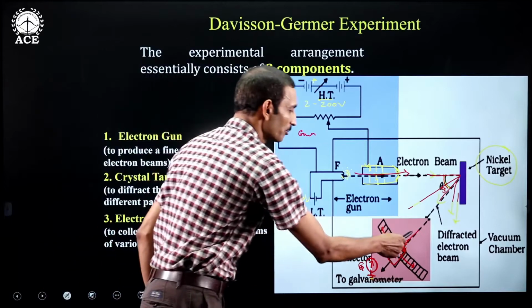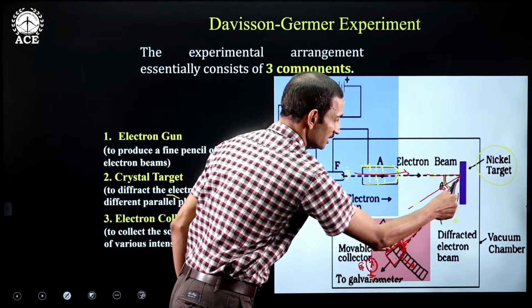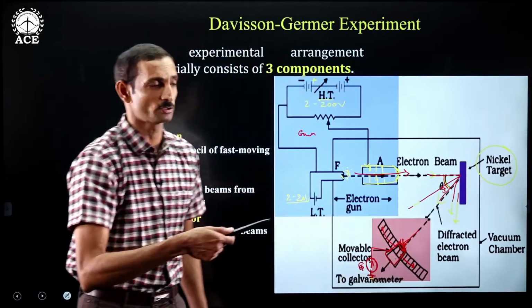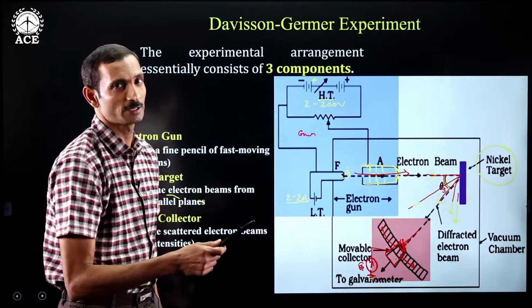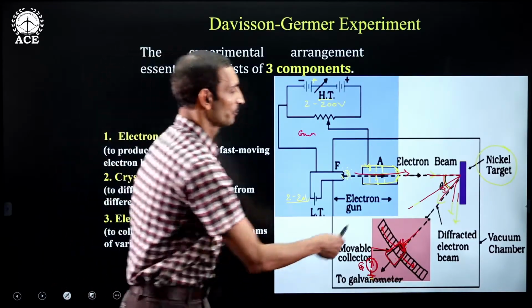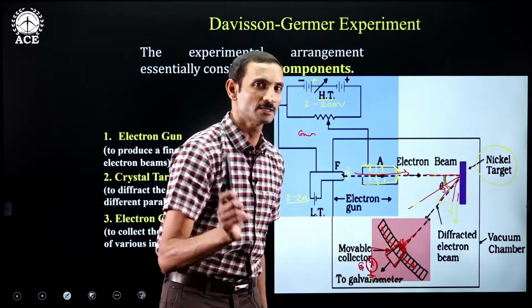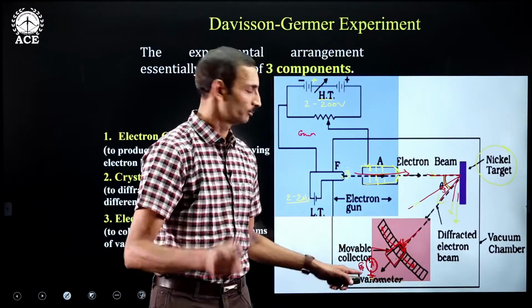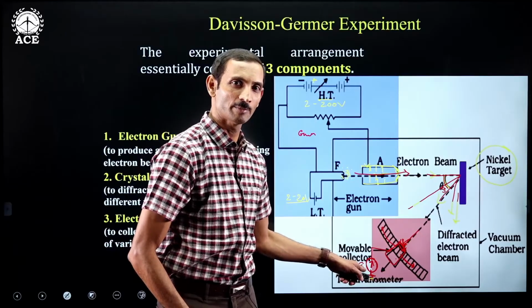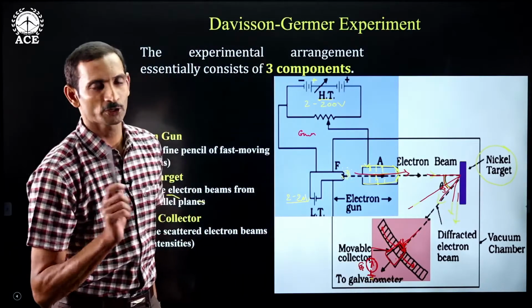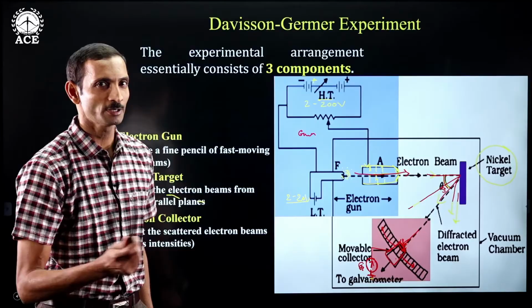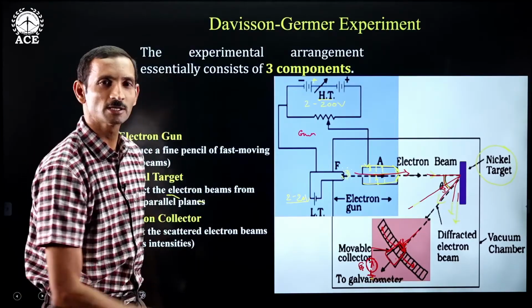These diffracted electron beams have various intensities in various directions, because we have just understood that the lesser the angle, the more the intensity. For different scattering angles, these scattering intensities are measured. The scattering intensity can be measured by means of the deflection in the galvanometer. The higher the deflection, the higher the scattering intensity.